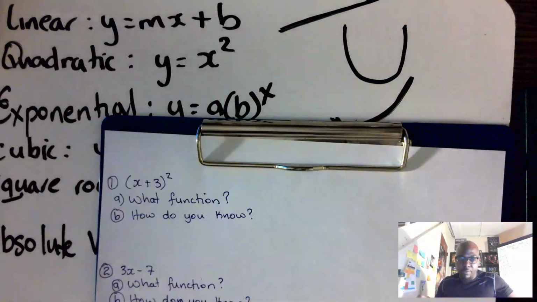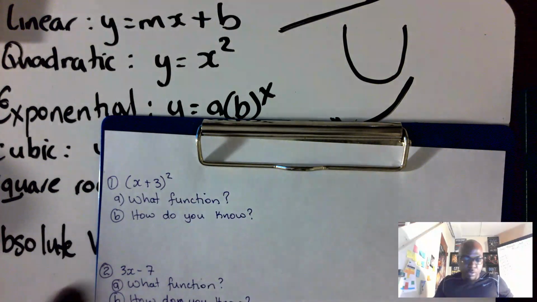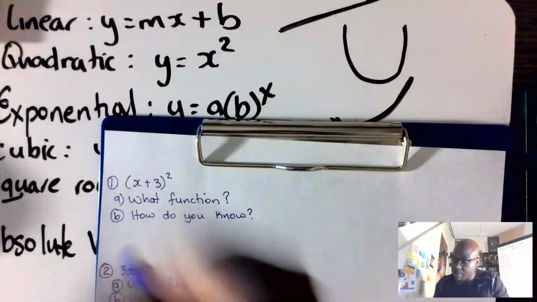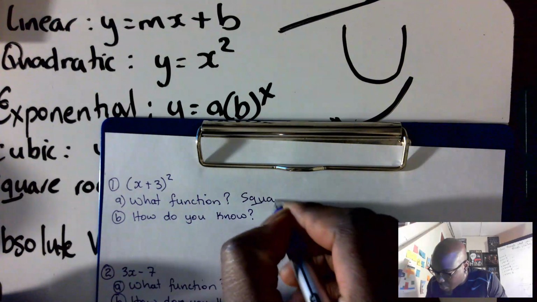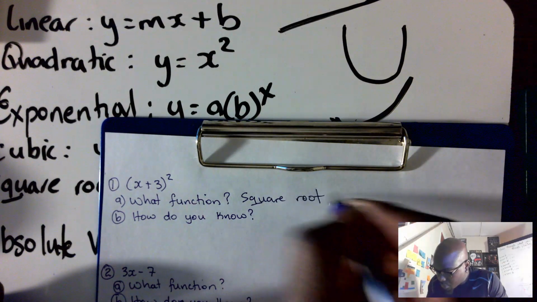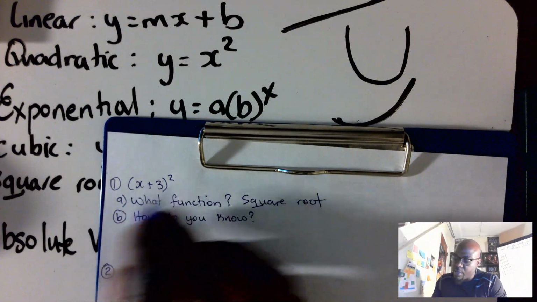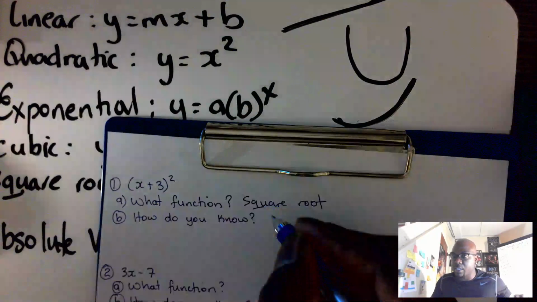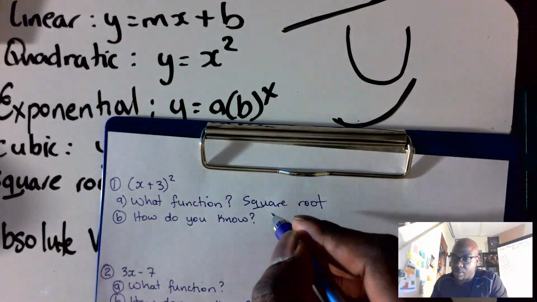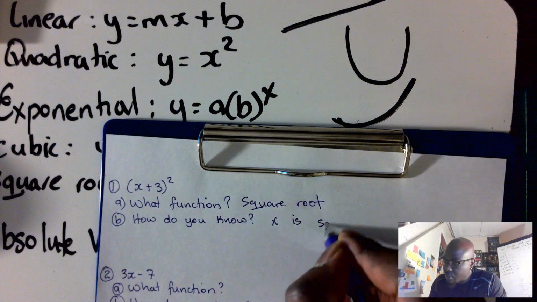This graph is being squared. What type of function is it? It is a square root function. So here I'm going to write square root. And how do you know this? Because the x is being squared. So here I'm going to say I know this because x is squared.